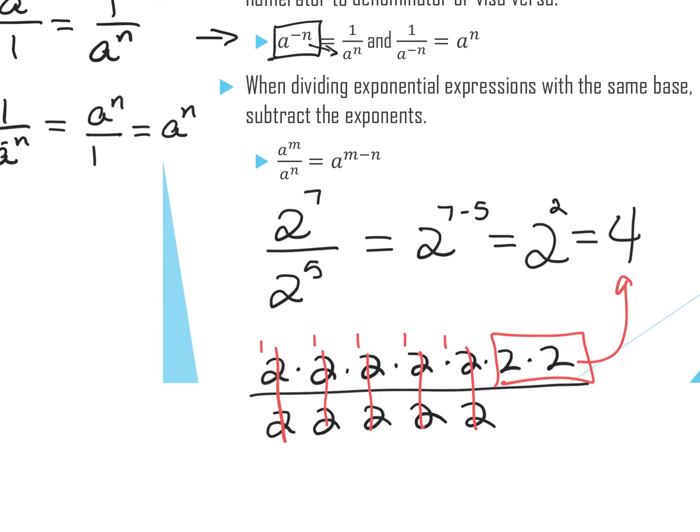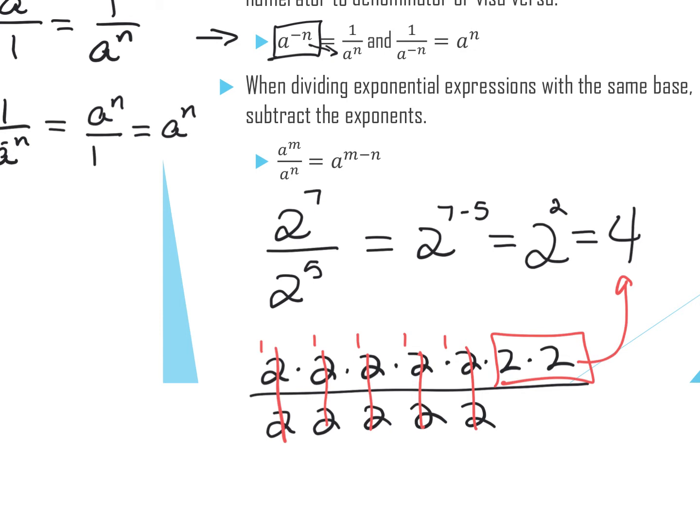So if you ever blank out and you're like, oh no, what do I do when I divide exponents? What do I do with those exponents? Expand it out and then try to simplify it. But the bottom line, when you divide exponential expressions, you just take the exponents and subtract them.